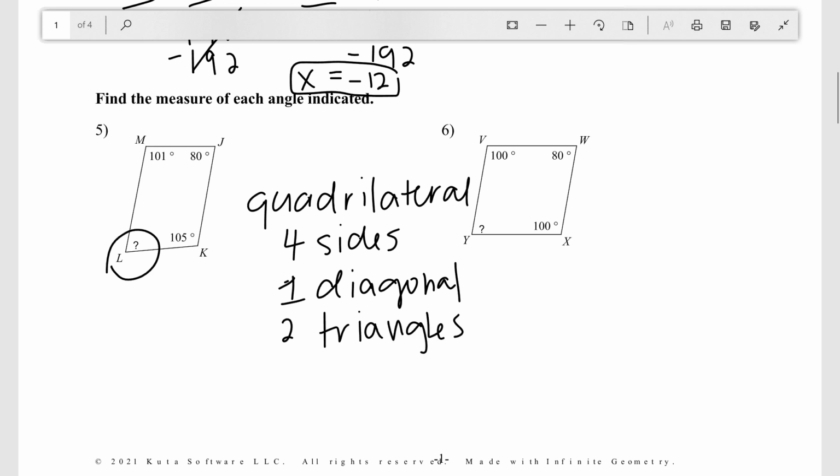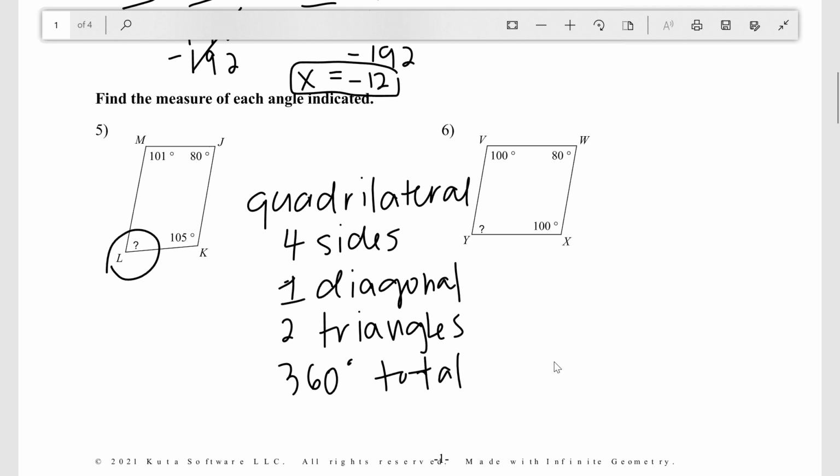Now we know by the triangle sum theorem, each triangle will equal 180 degrees. Since we have 2 triangles, my total degrees is going to be 360. Okay, so just a quick reminder on how many total degrees we are now looking at because we have a quadrilateral instead of a triangle.